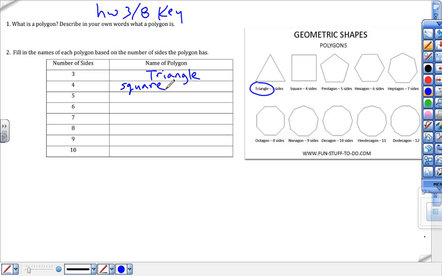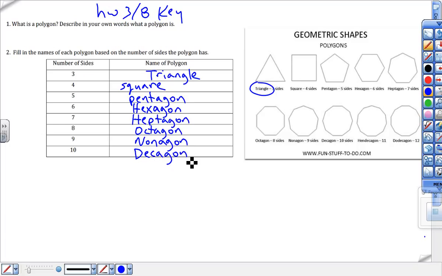With 5 sides, it is a pentagon. 6 sides, a hexagon. 7 sides, a heptagon. 8 sides, octagon. 9 sides, we call it a nonagon. And 10 sides, we call it a decagon. So those are the names of the regular polygons.